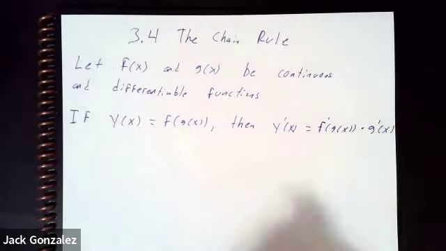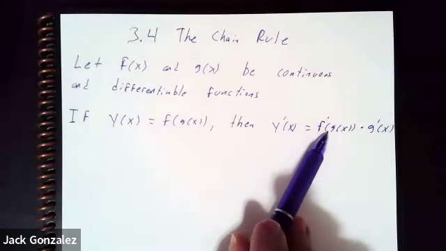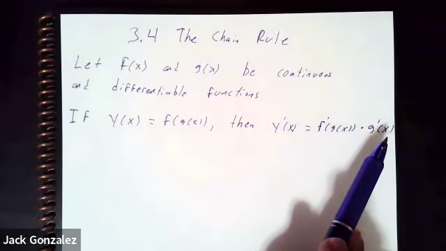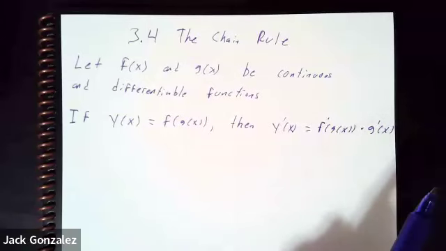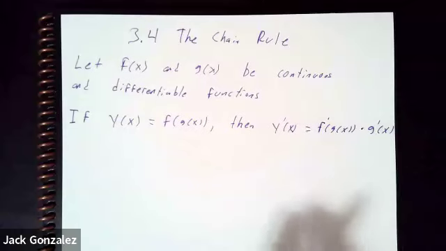Basically, you take the derivative of the outside function and multiply by the derivative of the innermost function. And if there were multiple functions, you would just do it again, like if it was three functions.